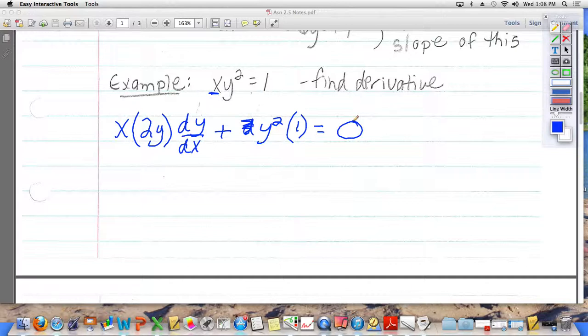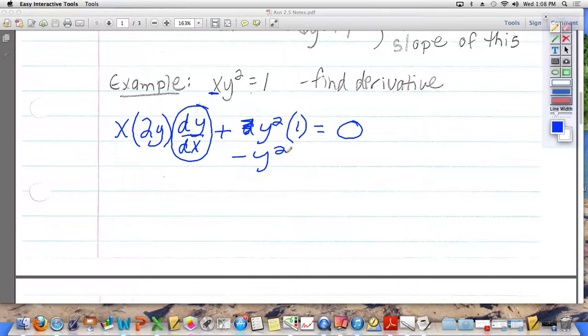Get dy/dx alone. So what we need to do is get this thing right here alone. That means I need to move over the plus y squared times 1. How am I going to move it to the other side? Subtract it.